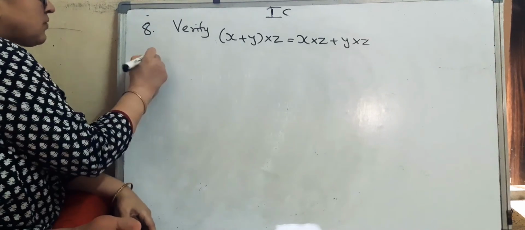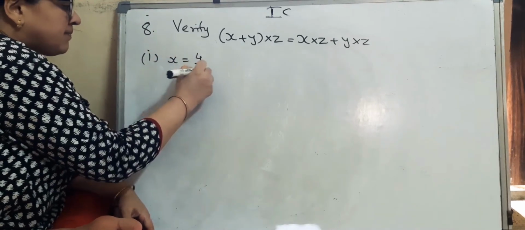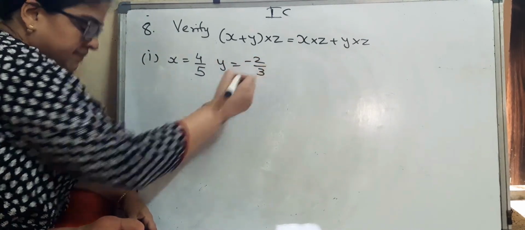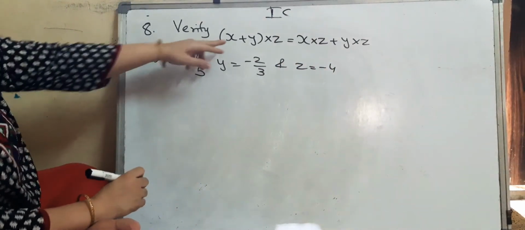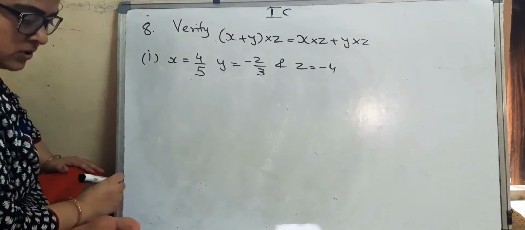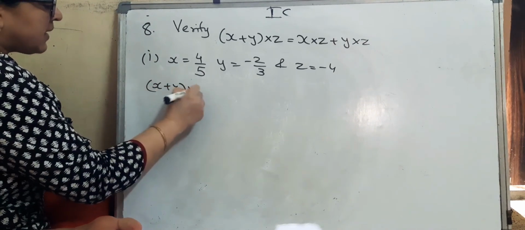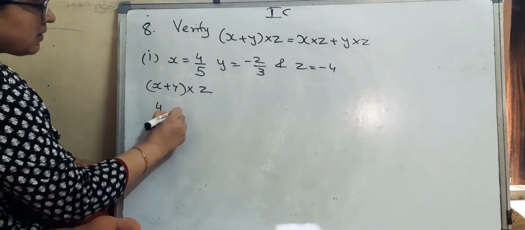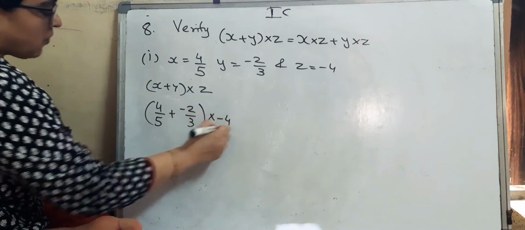Next, first question we have to verify: x is equal to 4 upon 5, y equal to minus 2 upon 3, and z is equal to minus 4. So first of all, the left hand side, LHS, right? So x plus y into z. So x plus y is 4 upon 5 plus minus 2 upon 3, into minus 4.